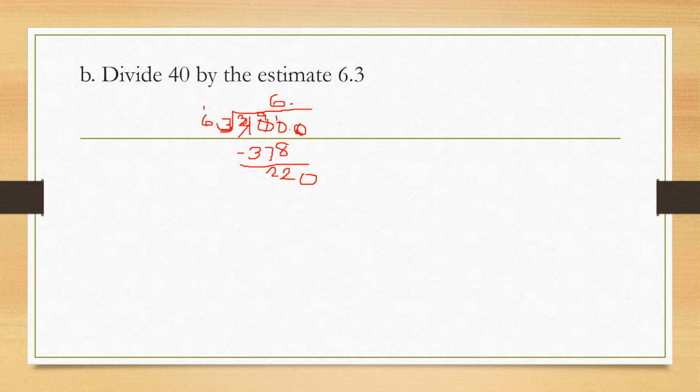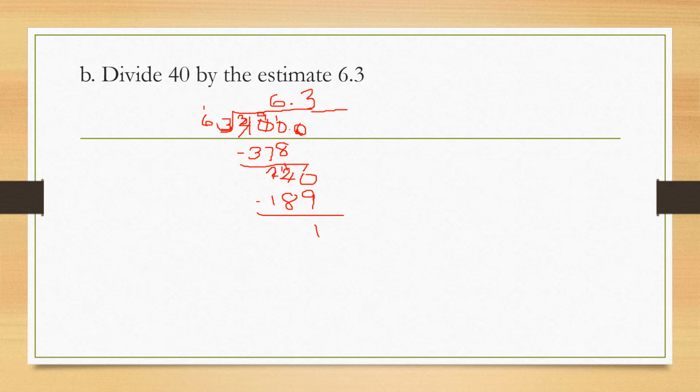So 220 divided by 63, we got 3. Let's try to put 3. 3 times 3 equals 9. 3 times 6 equals 18. Then subtract. 10 minus 9 is 1. This will become 11.